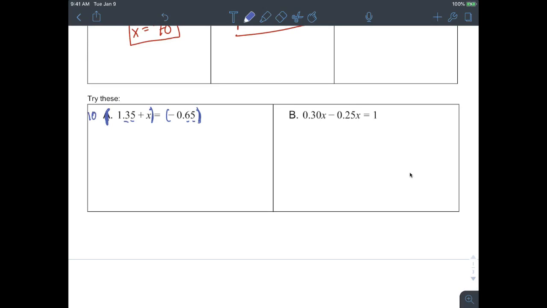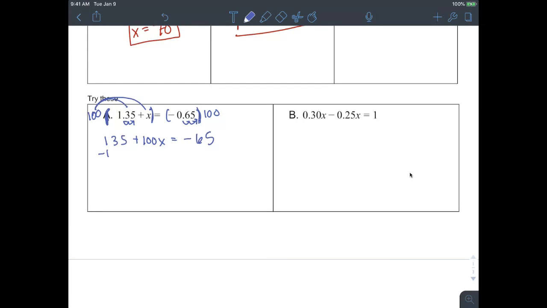So that would be 100. I'm going to distribute it in, which makes the decimal place move over 2 spots. So 135 plus 100x is equal to negative, remember, 100 moves the decimal 2 places, so negative 65.